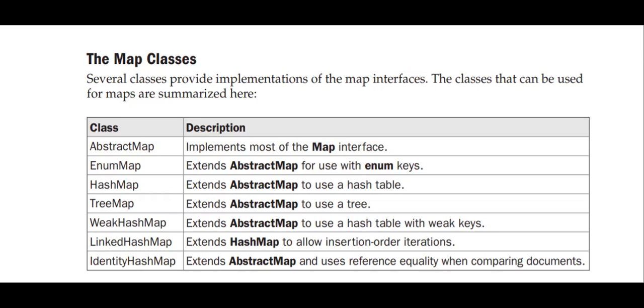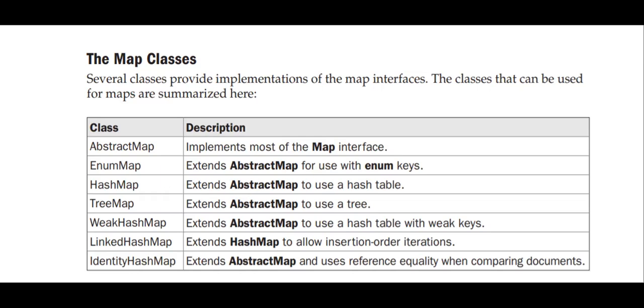LinkedHashMap extends HashMap and allows insertion order iteration. So in whatever manner we insert the objects into the map, in the same order we can iterate over them. IdentityHashMap extends the base class, AbstractMap, and uses reference equality when comparing the documents.